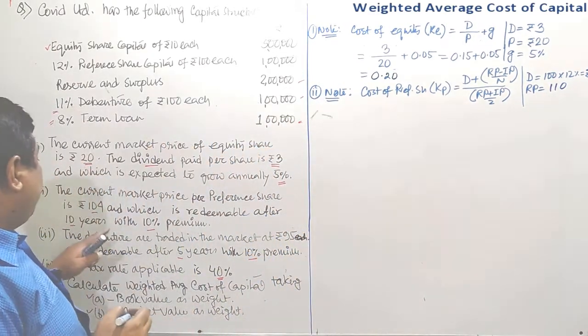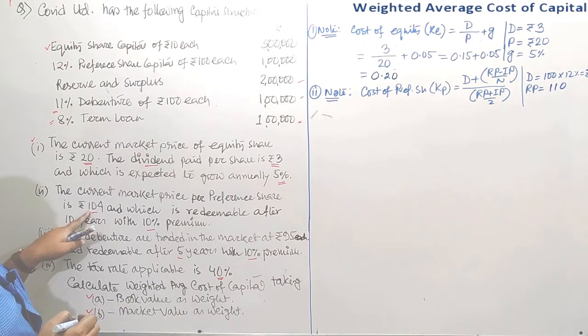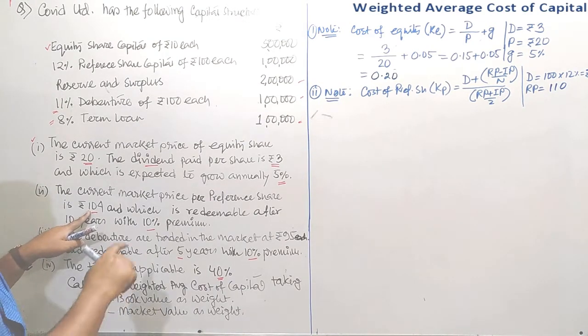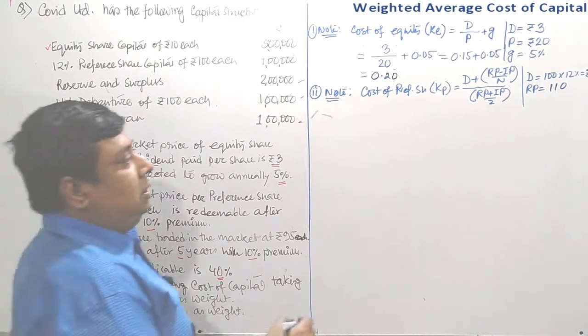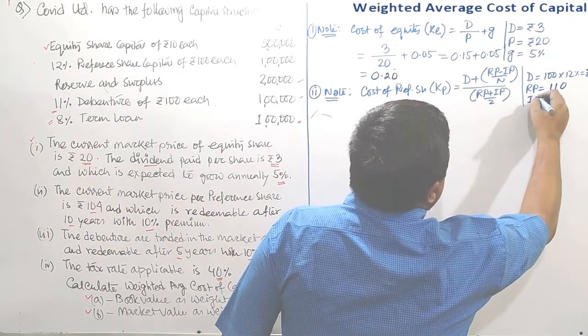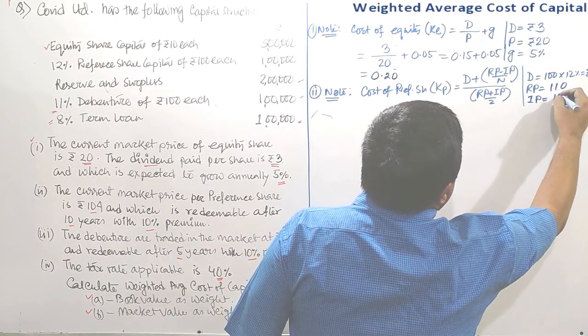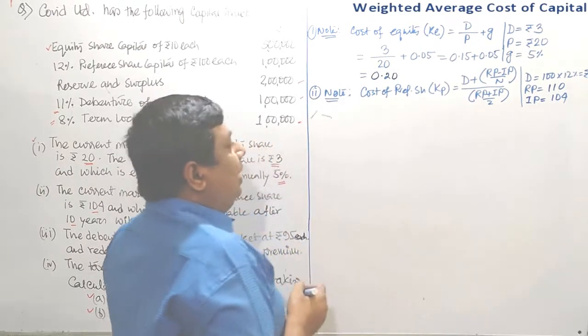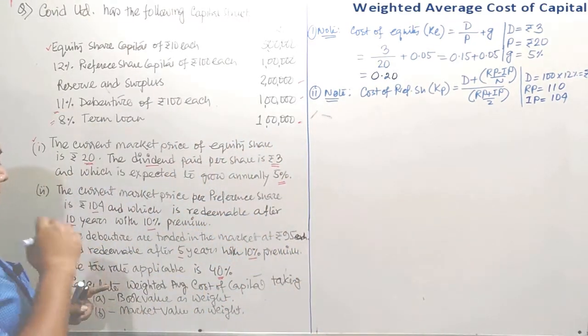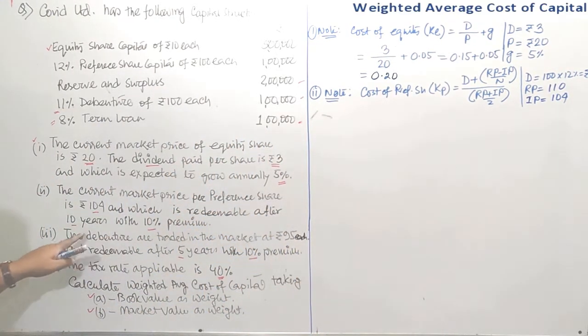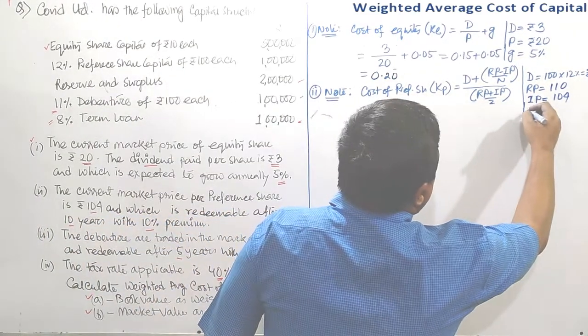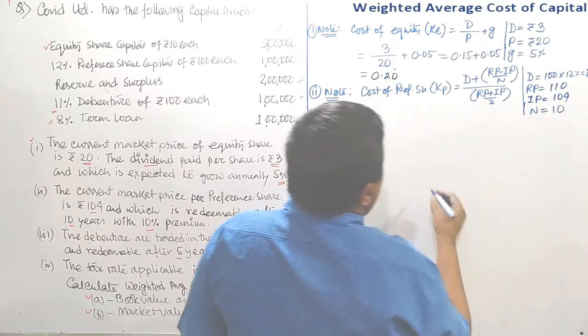Issue price we consider 104, which is currently traded in the market. It is also mentioned that it is redeemable after 10 years, so the lifetime of the preference share, N, is 10.